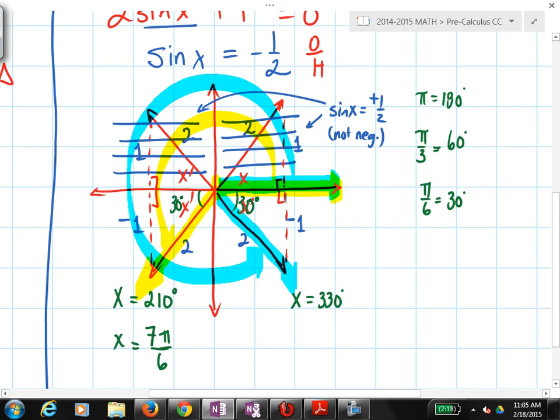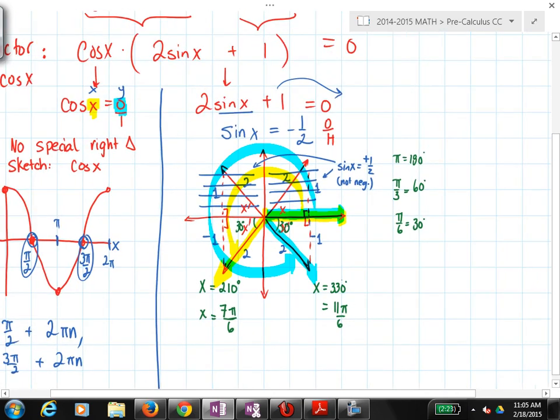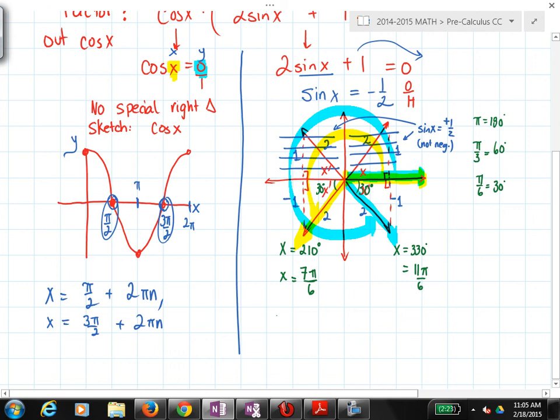And again, that has to do with when you don't have a calculator. And this 330 is going to be how many? 11 of the pi over 6. Now, don't forget to make sure that you also give your answers the same way that we gave our answers over here. I would say x is equal to 7 pi over 6 plus 2 pi n. x is equal to 11 pi over 6 plus 2 pi n.